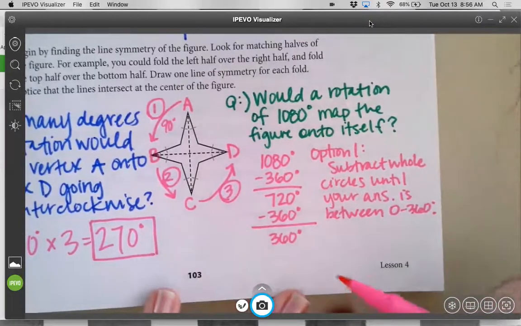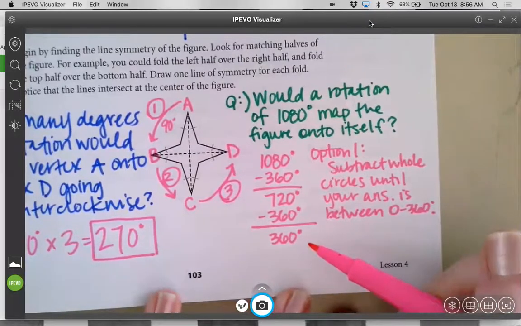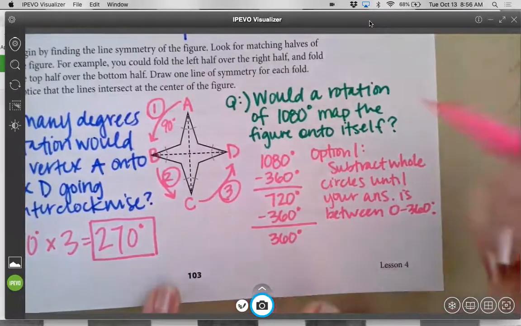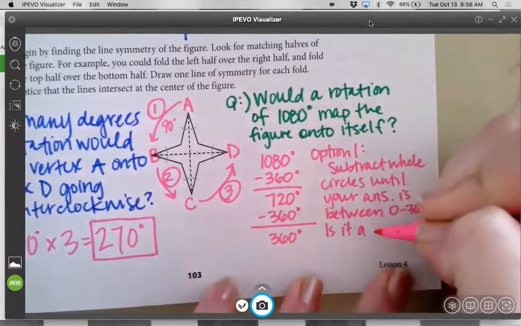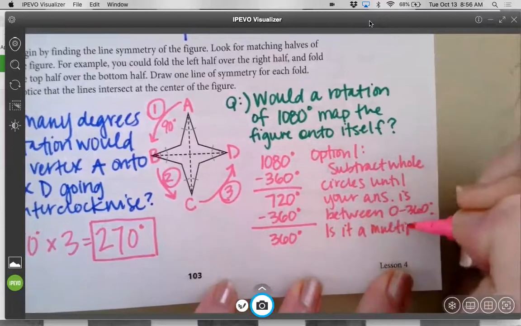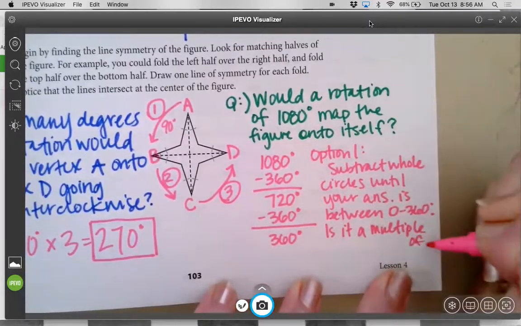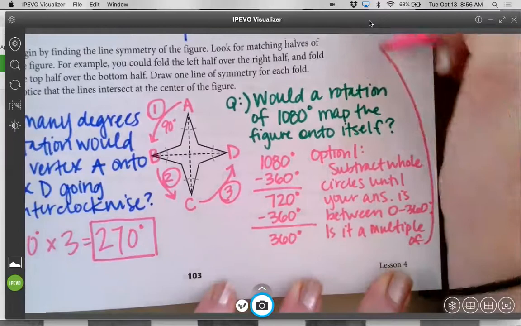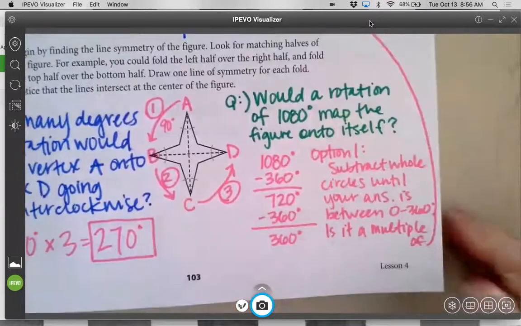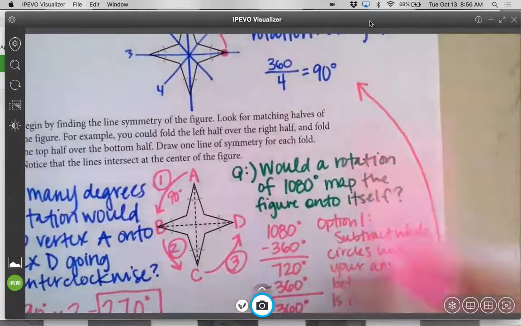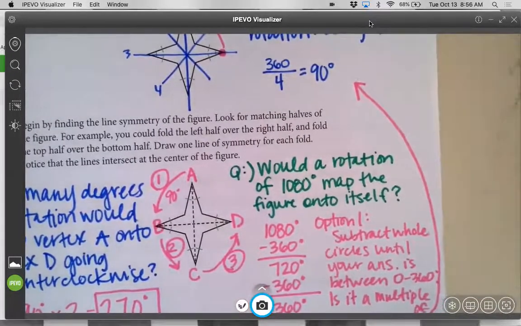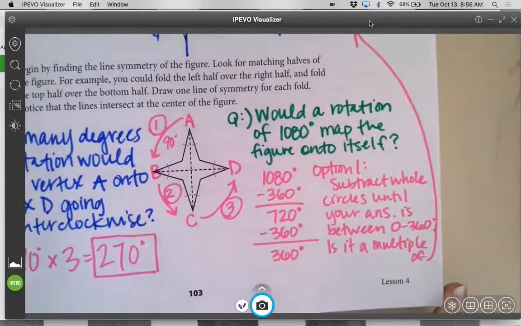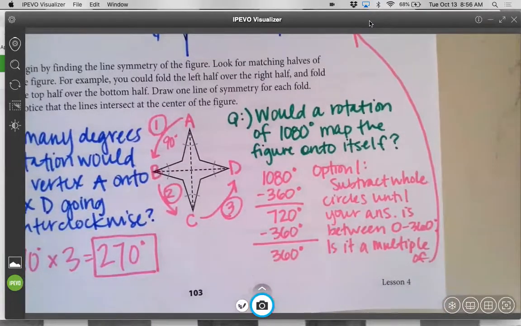Since this one happened to be 360, you can go ahead and know that the answer is yes, because 360 is going to always map something onto itself. So is it a multiple of, and then I'm just going to draw this arrow up here, because it's not always going to be 90. It's just going to be whatever this calculation came out to. So that is one way to do it. There is another way. Anybody got a different idea?